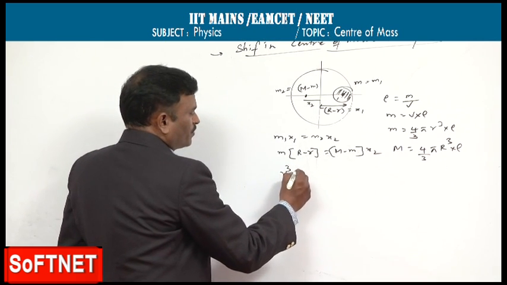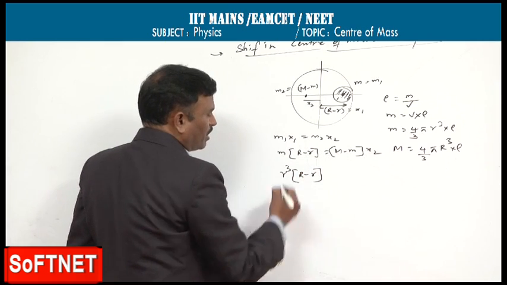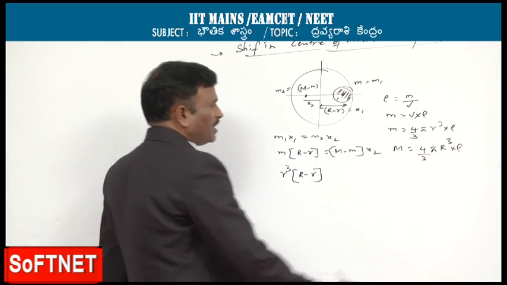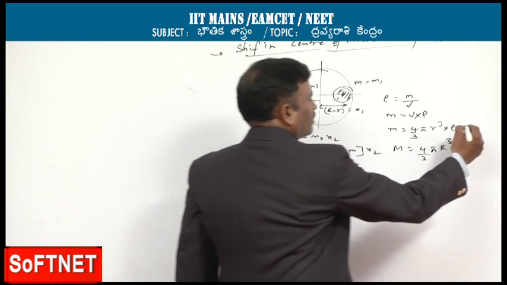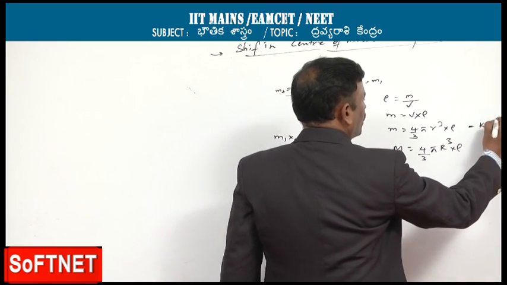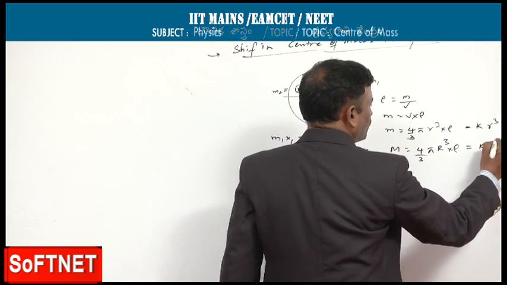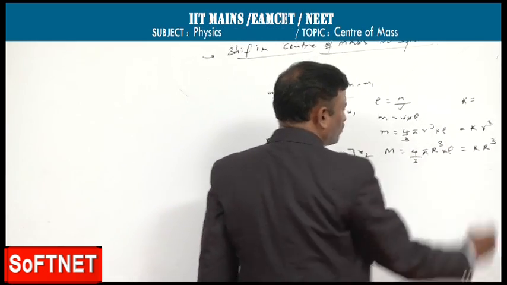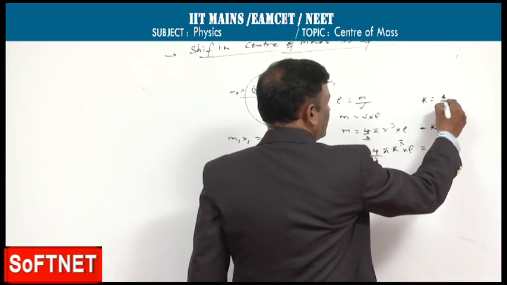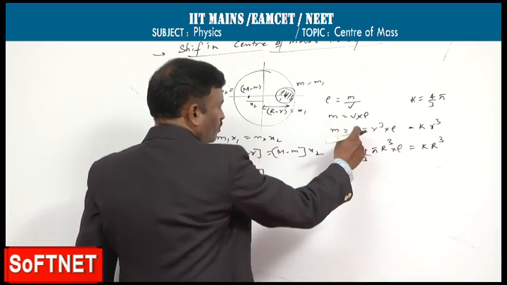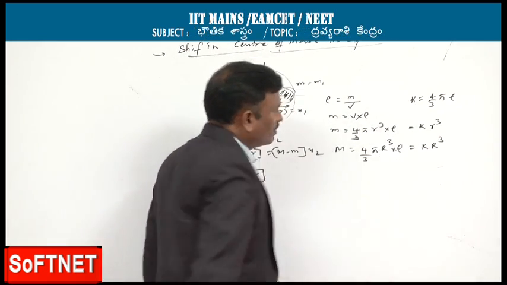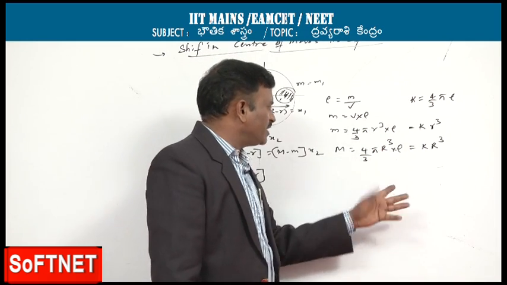r cube into capital R minus small r. In place of m, we can write constant into r cube, and in place of capital M, constant into capital R cube, where constant k is equal to 4 by 3 pi rho. 4 by 3 pi rho is a constant k.